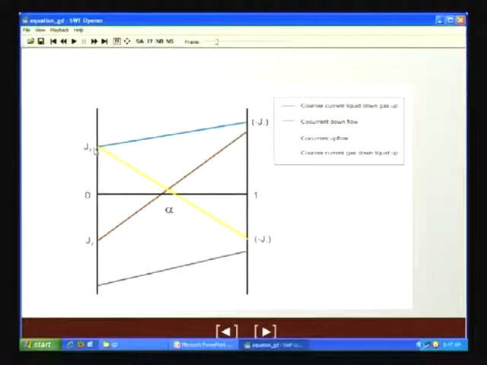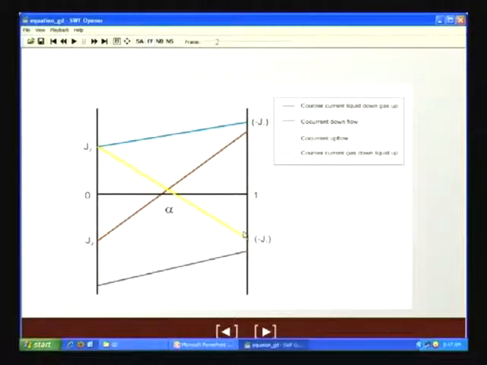Now, suppose you are having co-current upflow. Then J2 is positive and J1 is positive, or minus J1 is negative. So, this is the curve for co-current upflow, right.